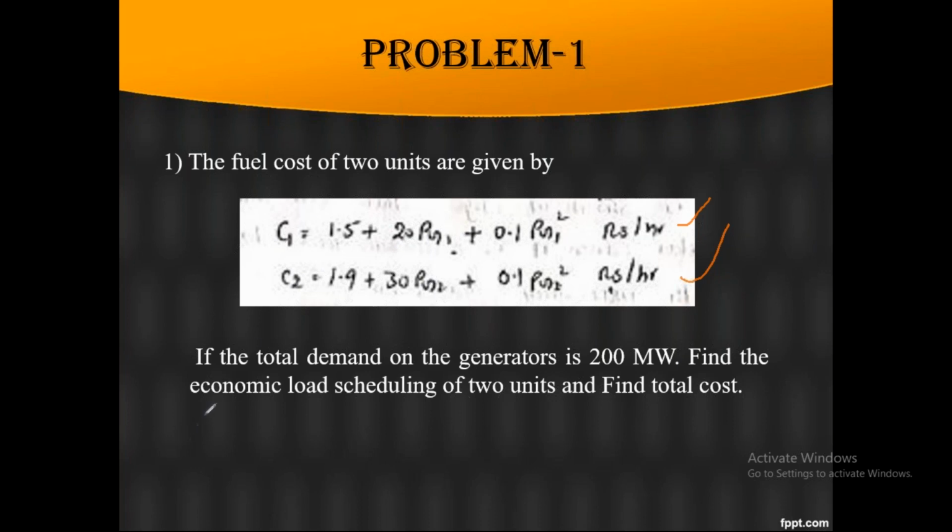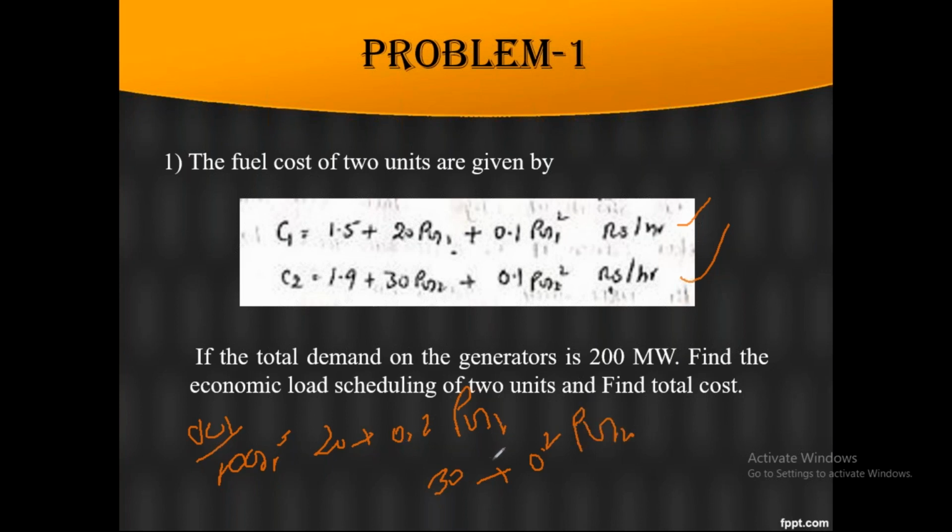Do the first one. Differentiate C1 with respect to PG1. What will you get? 20 plus 0.2 PG1. This is the incremental cost equation of unit 1. Similarly, for unit 2, you will get 30 plus 0.2 Pg2.